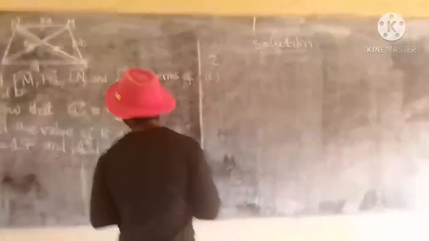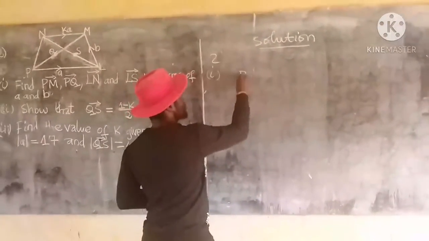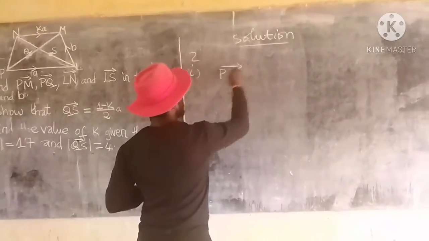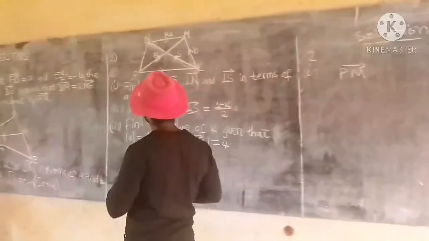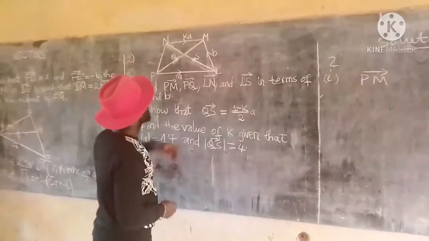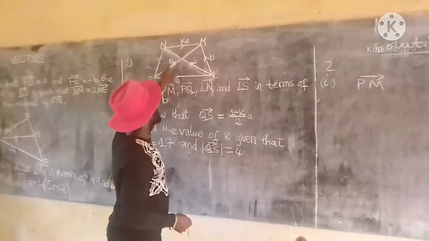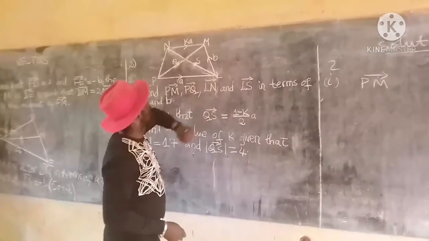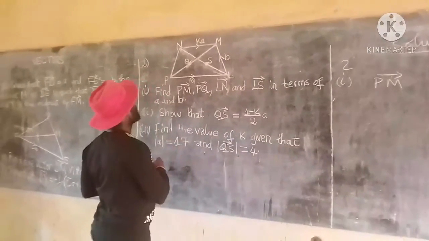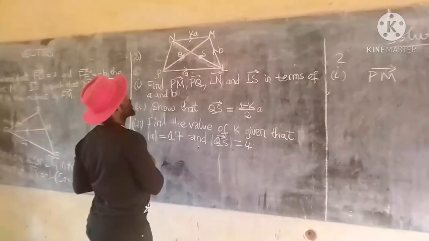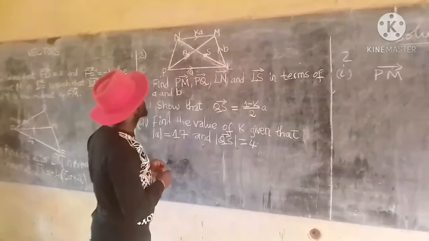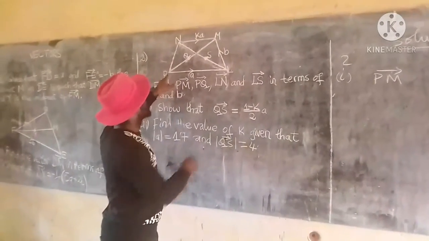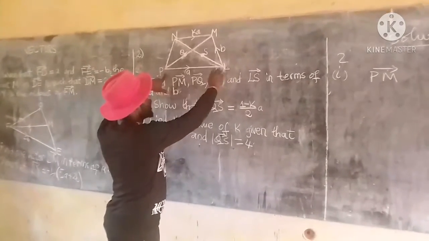So small Roman 1. PM. Let's go to the diagram and see where PM is located. This is vector PM, right? Now, for us to get to PM, we can take these different directions. We can take PL, right?